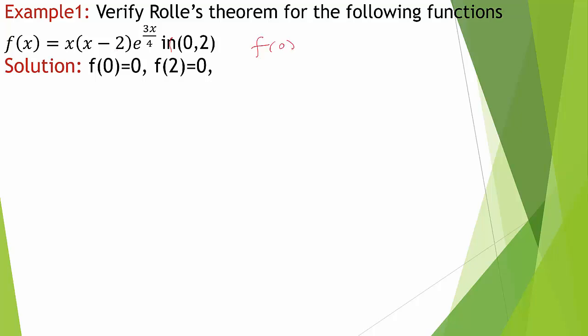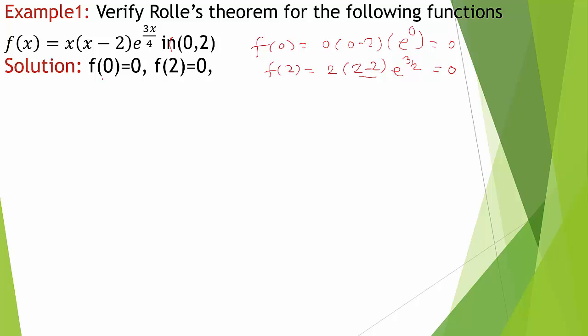Why? f of 0 equal to 0 into 0 minus 2 into e raised to 0, which is 0. f of 2 equal to 2 into 2 minus 2, which is 0, into e raised to 3 into 2 by 4, that is 3 by 2. This 2 minus 2 is 0, therefore f of 2 is also 0.